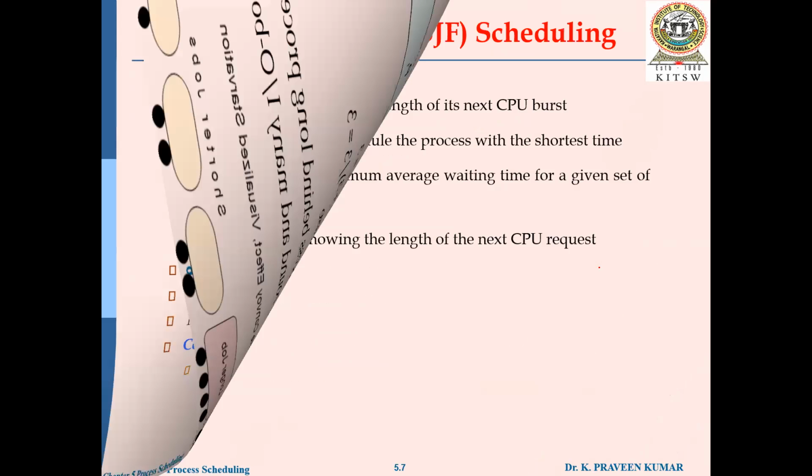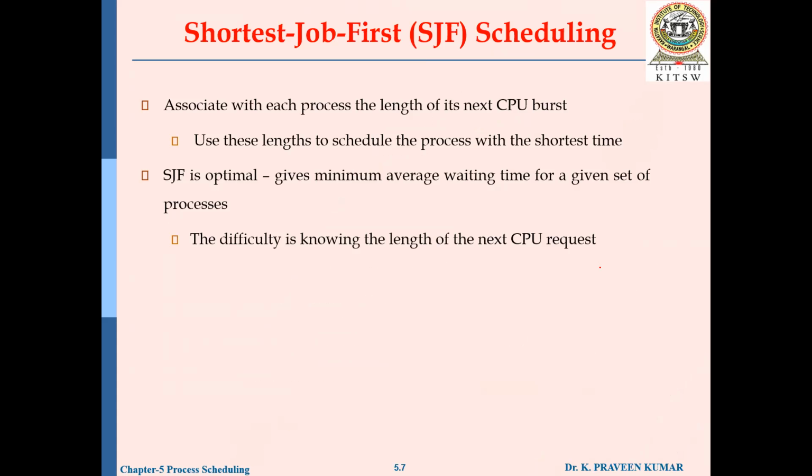To overcome that, we go for the shortest job first scheduling algorithm. It associates with each process the length of its next CPU burst, and uses this length to schedule the process with the shortest time.